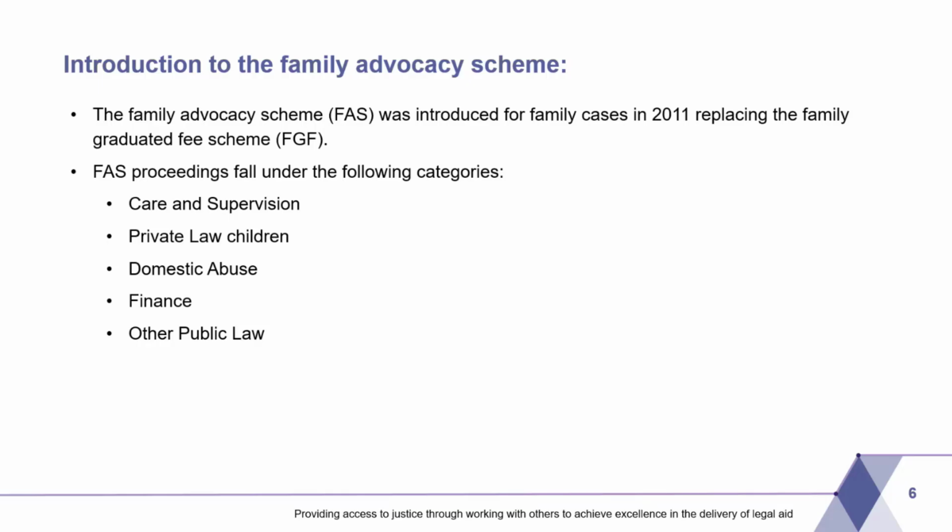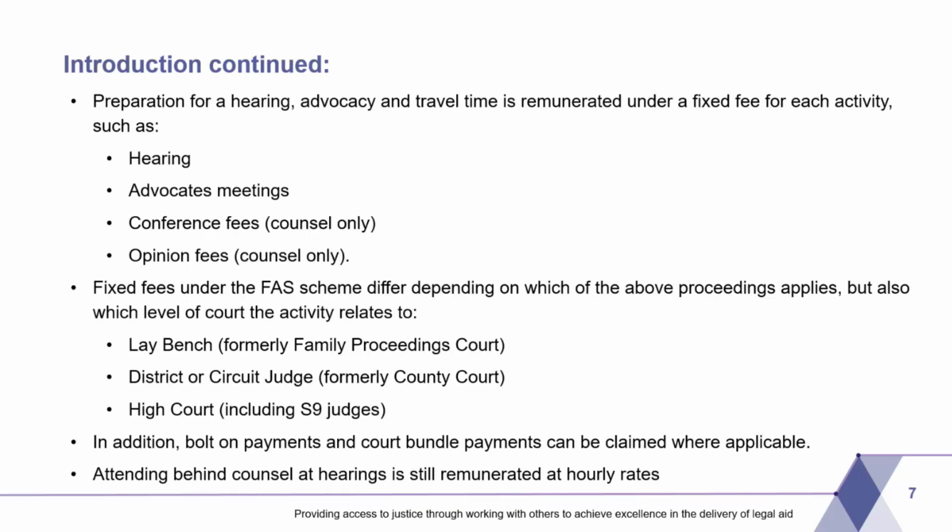Moving on to slide 7 in your pack. So the basis of the scheme is to remunerate preparation for a hearing, advocacy and travel time under a fixed fee for each activity. And by activity, we mean a hearing or advocates meeting. And in the case of counsel only, there will also be a conference fee and an opinion fee.